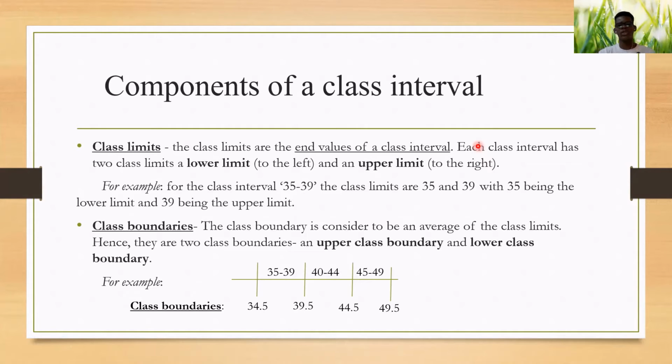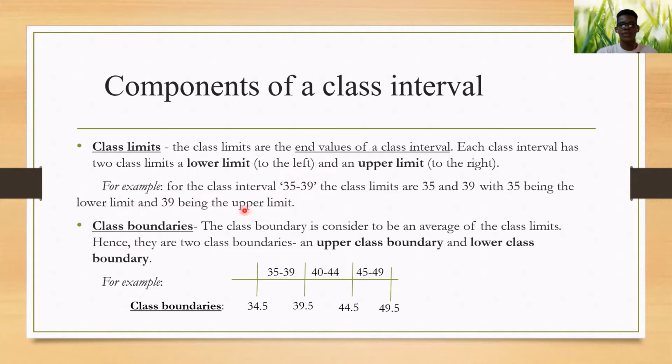Lower and upper, you shouldn't be able to mix those 2 up. The lower number, usually on the left, is the lower limit. And this is a basic example from what we've been using before, 35 to 39. The lower limit is 35, the upper limit is 39. Straightforward, can't get easier than this.